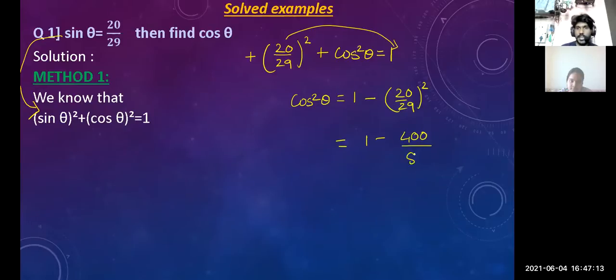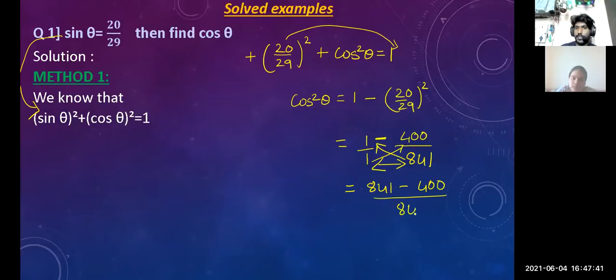So this will become 841. Now here you have to do LCM or cross multiplication. Note one thing here, there is a minus sign. Whenever there is a minus sign or a plus sign, you have to multiply the denominator also. So this into this, minus this into this, upon this into this. So this will become 841 minus 400 upon 841.